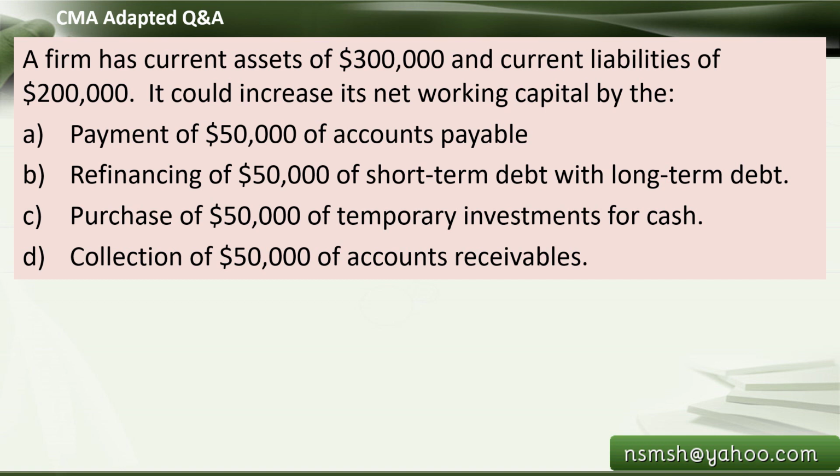We take the temporary investment, but it's just a replacement from cash to another, so that's also not the correct thing. And D, collection of $50,000 of accounts receivable. This is also switching within the current assets from one packet to another, accounts receivable to cash.